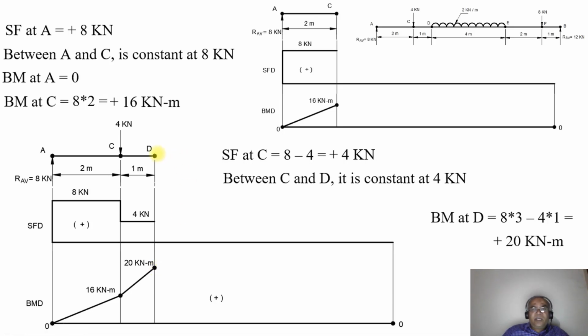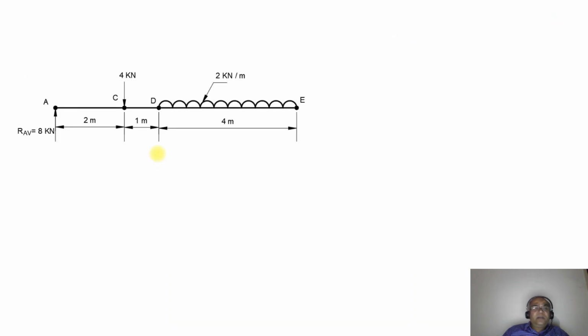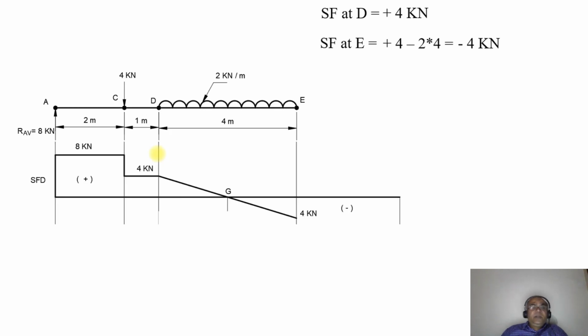Now we will consider the UDL, which is from D to E. What is the SF at the point D now? SF at the point D will be equal to plus 4 kilonewton. Then SF at the point E will be equal to plus 4 minus 2 into 4, which will be equal to minus 4 kilonewton.